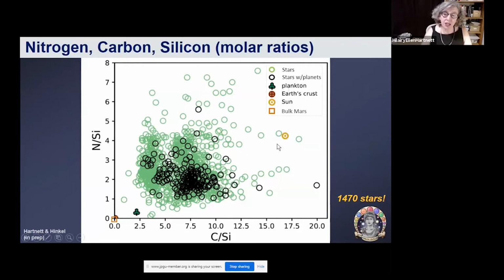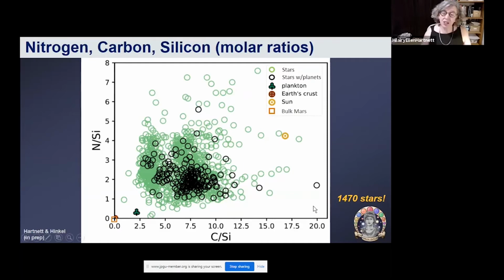This is not the typical way that astronomers plot this. Usually astronomers plot these normalized to the sun, and so the sun's always in the middle. But by plotting them as molar ratios, we can see that our sun is slightly different from the average star in the catalog. Plankton plot about here, and the Earth and Mars plot over here very close to the axis, mainly because they have a lot of silicon and not much carbon and nitrogen.